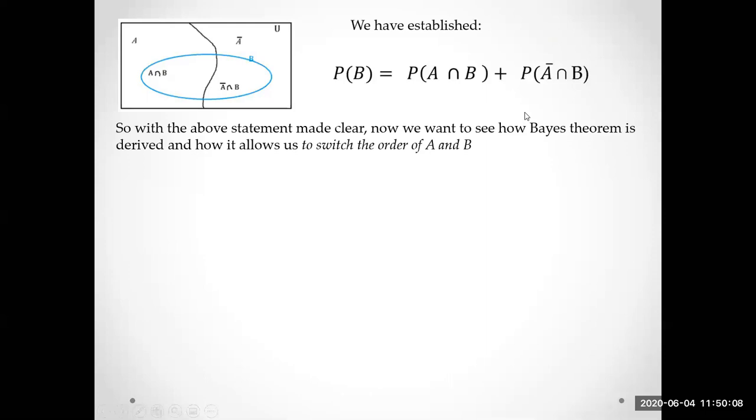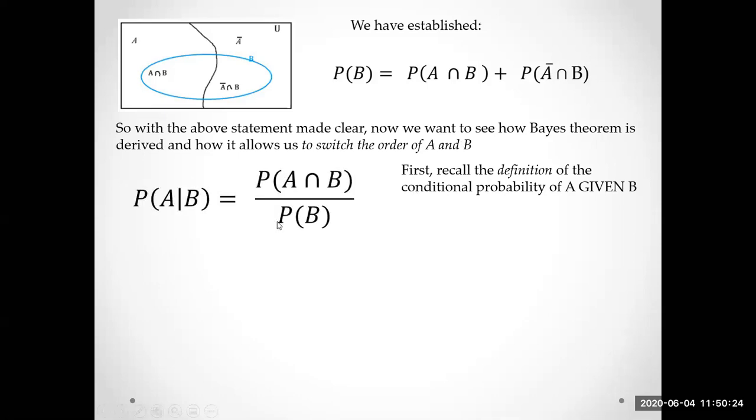So with the above statement made clear, now we want to see how Bayes' theorem is derived and how it allows us to switch the order of A and B. First, recall the definition of the conditional probability of A given B. That is this. We just finished talking about that 30 minutes ago. That's the definition of conditional probability.